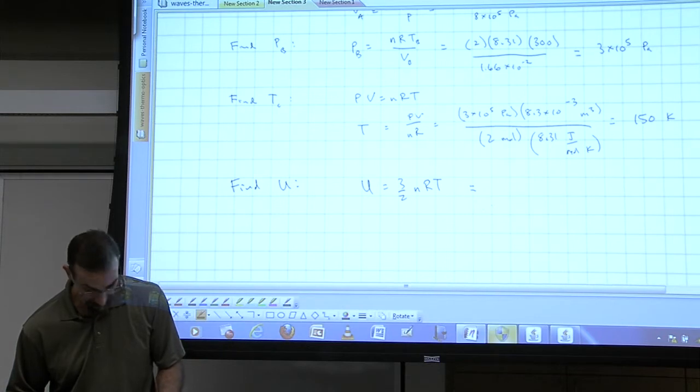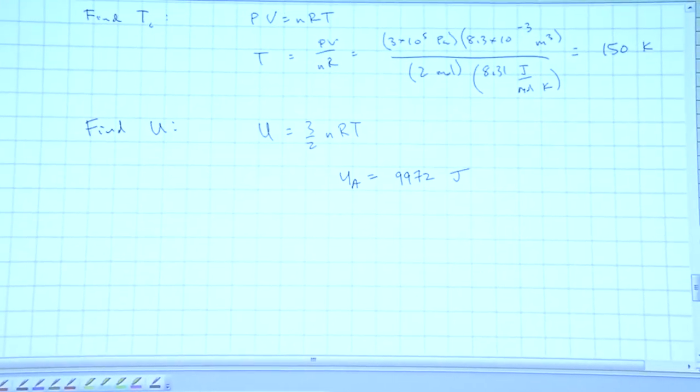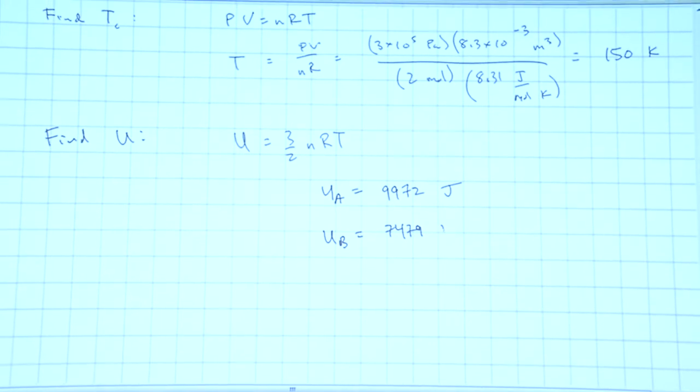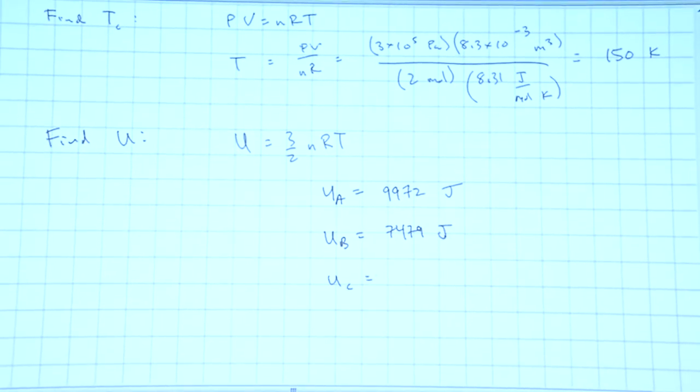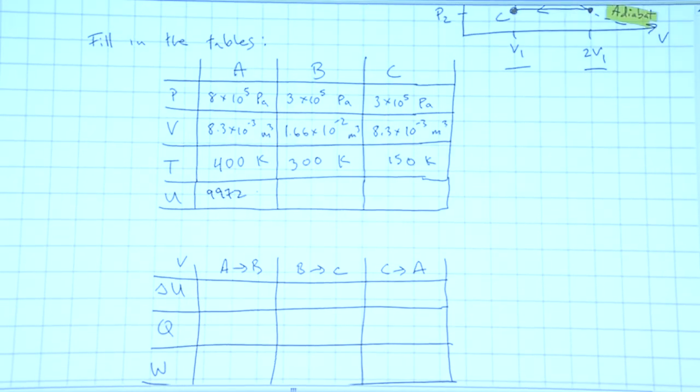I get 99.72 joules, 74.79, and 37.40. Okay, so I've got my table filled in for the states.